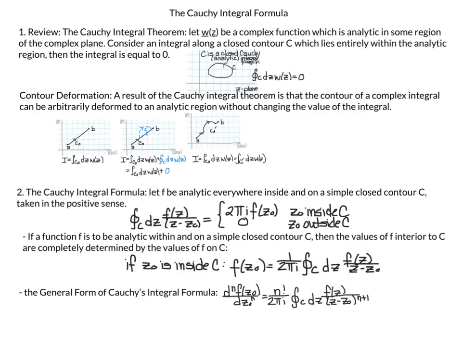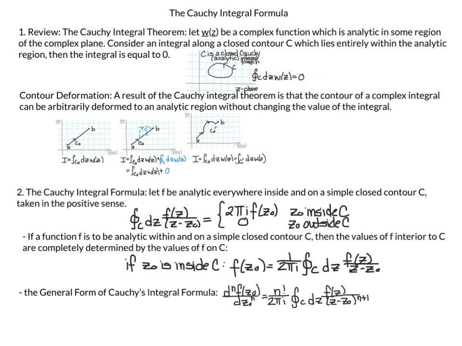To review what we have gone over, we looked at the Cauchy integral formula, and we started by reviewing the Cauchy integral theorem, which said that if we have a complex function which is analytic in some region in the complex plane, and we have a closed contour C which lies entirely within the analytic region, then the integral over C of f of z dz will always equal 0.